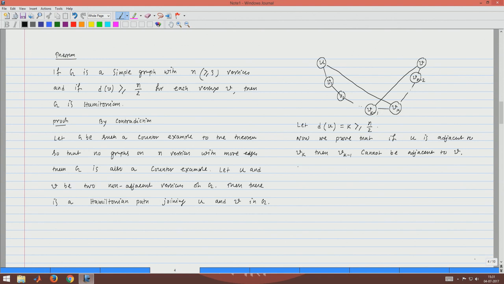So, if u is adjacent to vk, then v can't be adjacent to v(k-1). Let me prove this one also. This is again by contradiction. If possible, let v be adjacent to v(k-1).